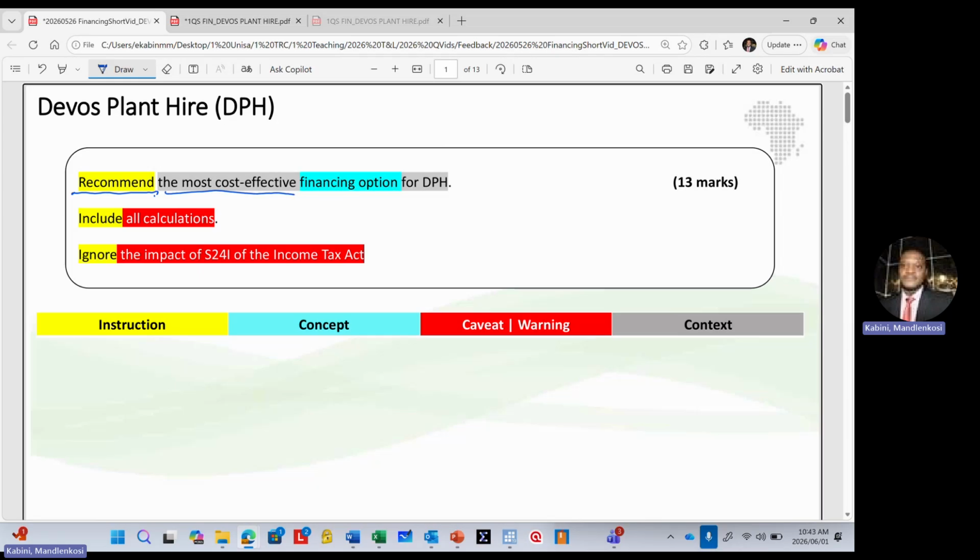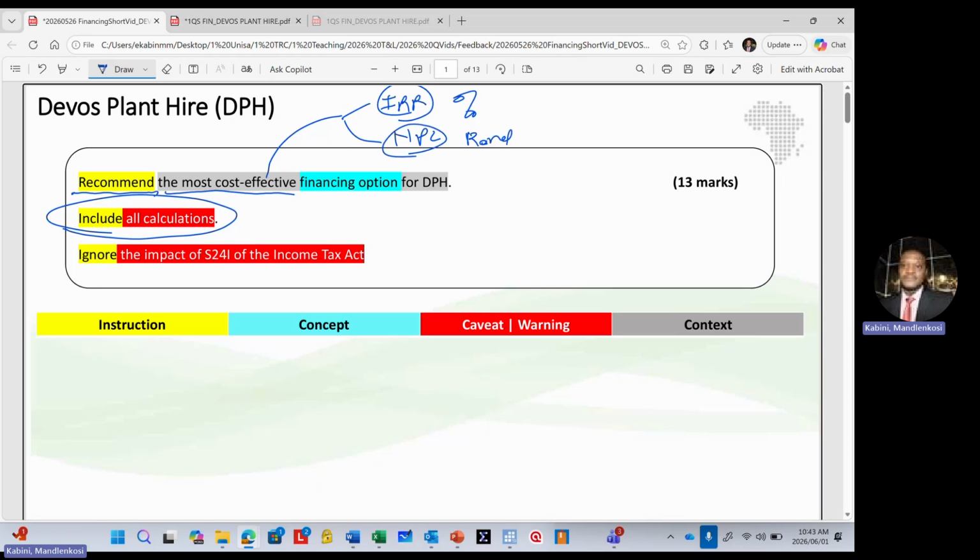So in this case, it means we need to do the analysis of costs. We need to calculate the cost of capital and do a comparison. And in terms of that cost of capital, we know that we've got two options. We can use the IRR, which is a percentage, or we can use the net present cost, which is in rand terms.